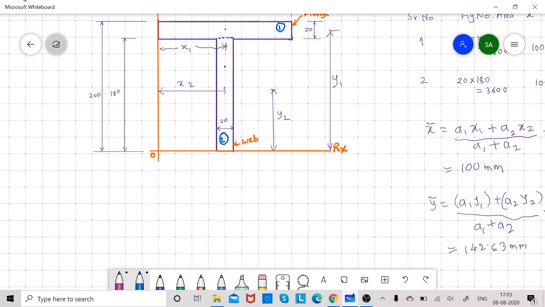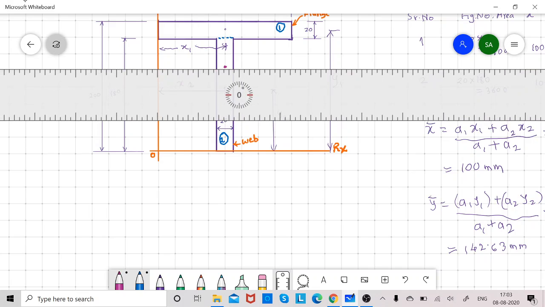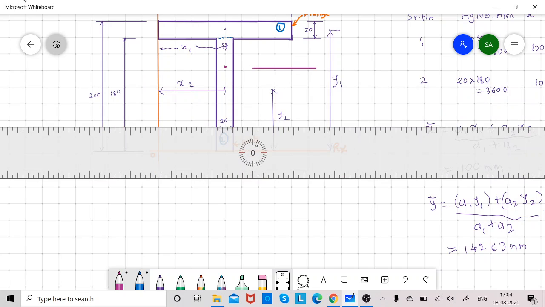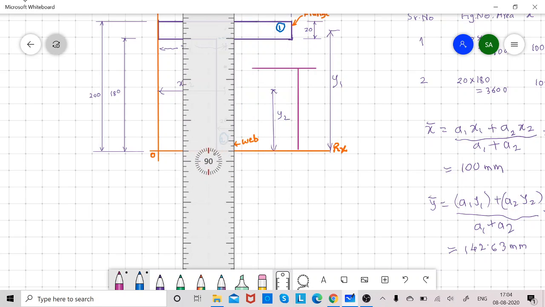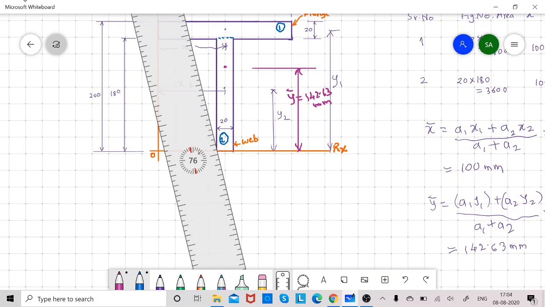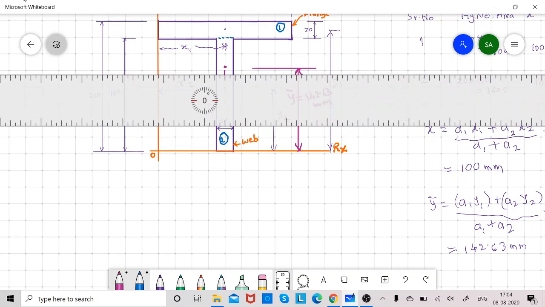So somewhere here is the centroid, at a distance from the reference x-axis, that is y bar, and y bar we got as 142.63 mm, whereas its distance from the reference y-axis, that is x bar, is 100 mm.